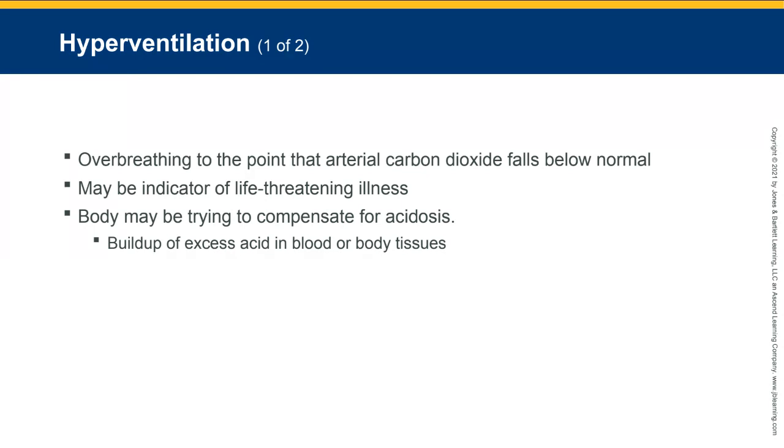And how the body compensates for acidosis is the body will increase the patient's respiratory rate to break up the acid into water and carbon dioxide, and then the patient exhales the carbon dioxide. So it can be one out of the two.